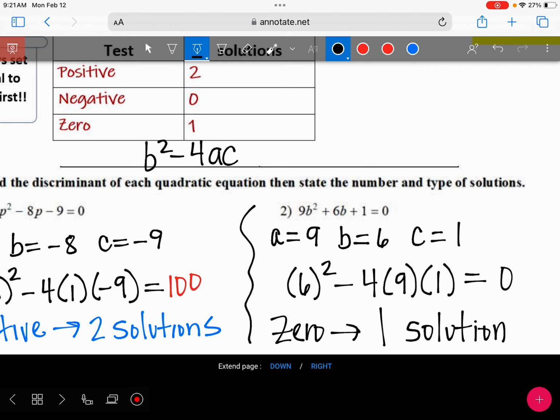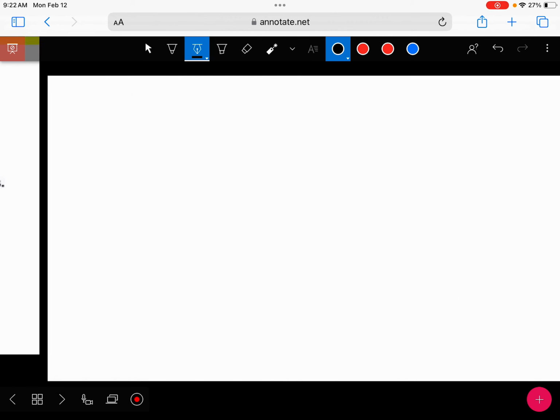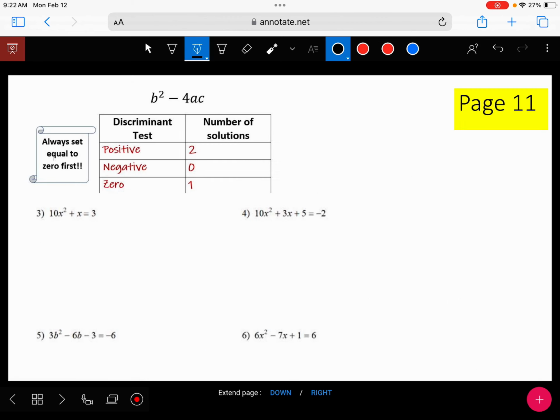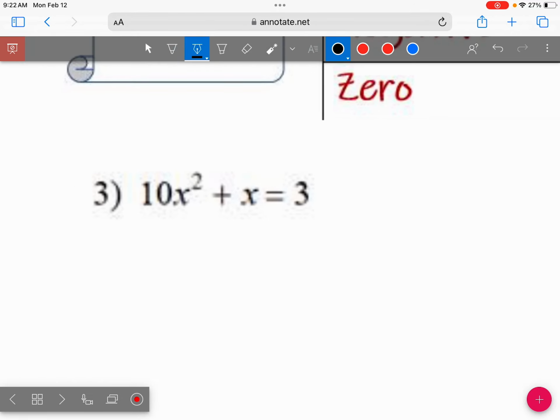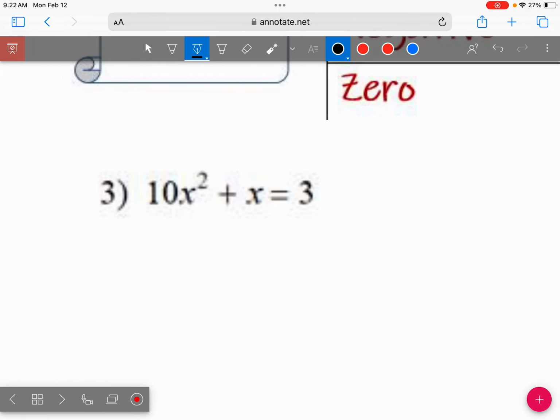Let's look at number 3. So number 3 is not equal to 0. The first thing we need to do before we pick up A, B, and C is take this and move it over. It's positive on the right, so what does that mean when I move it over? It's going to change to a negative.